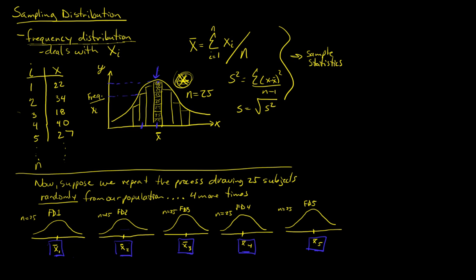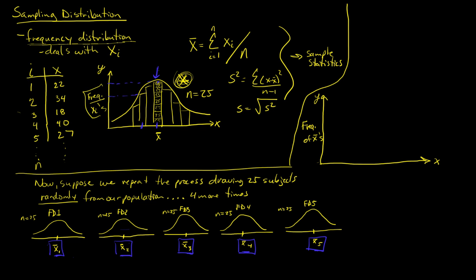So what would this look like? Well, let me just section this off a little bit here. Here's our x, here's our y, and now the y is the frequency of x bars, where over here it was the frequency of the raw scores.